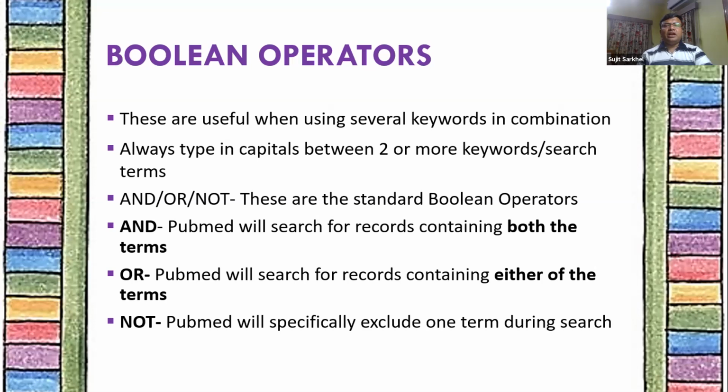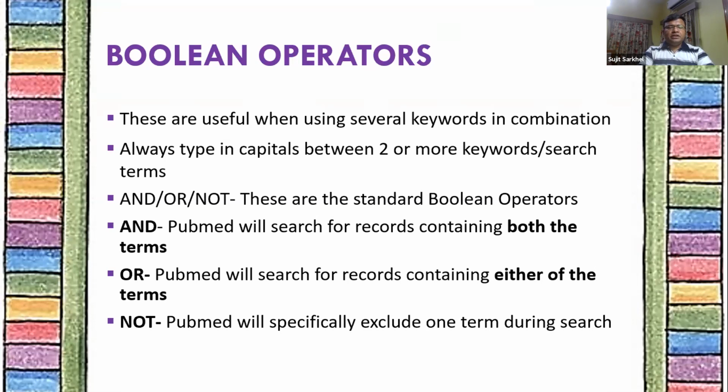So basically, all articles related to depression not containing treatment. That is depression minus treatment. So these are the three ways in which you can use the Boolean operators. The Boolean operators should always be typed in capital letters. That is very specifically to be done.